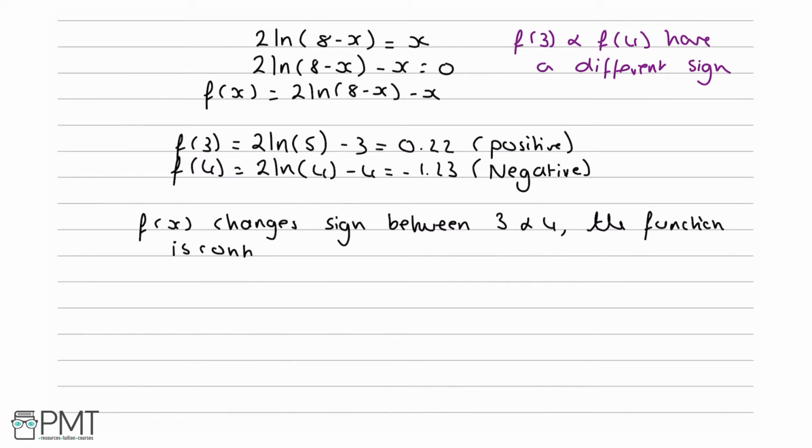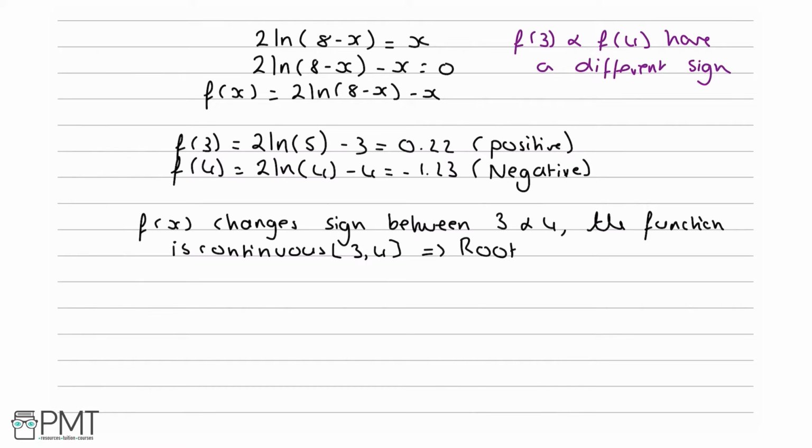Okay, continuous. This one is a really important point, and it just means that throughout 3 to 4, each x value leads to a specific y value. These two conditions mean that there is a root.